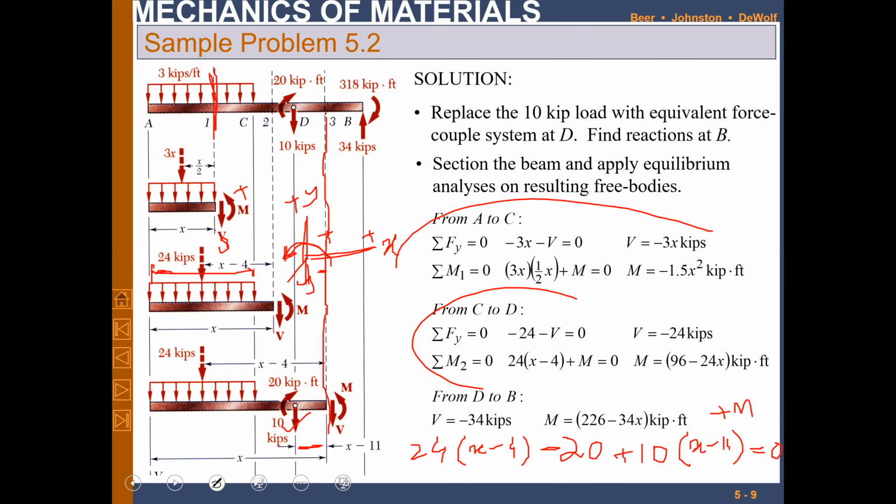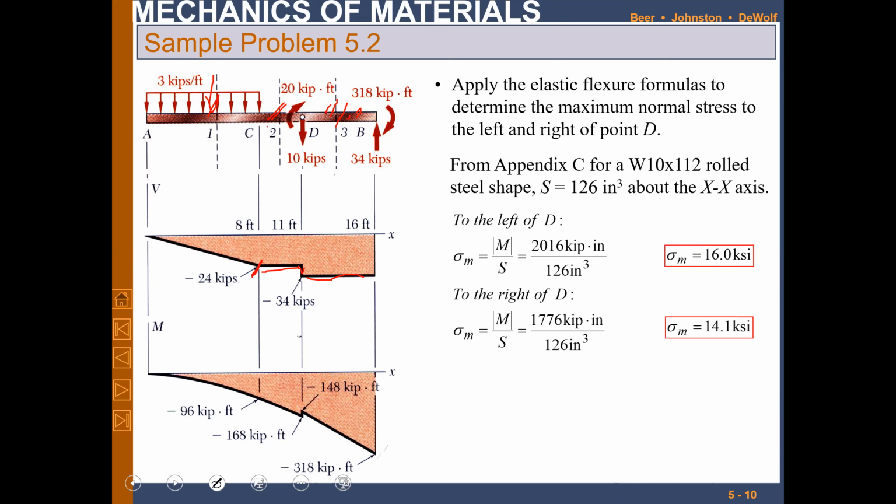So moment is M equals minus 1.5 x square. For the initial section, x is 8. So 8 raised to the power 2 will be 64, and multiplied by 1.5, it will be minus 96 kips feet.